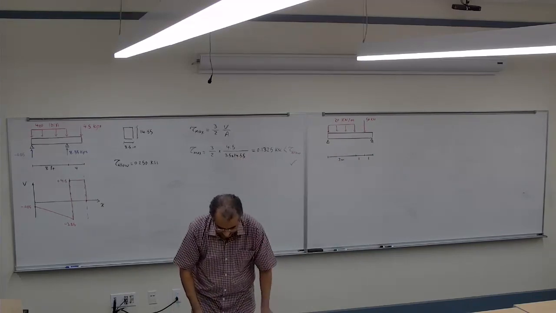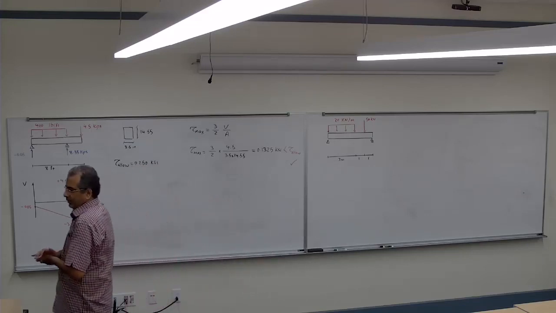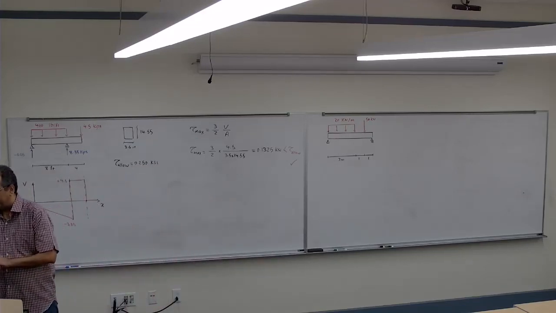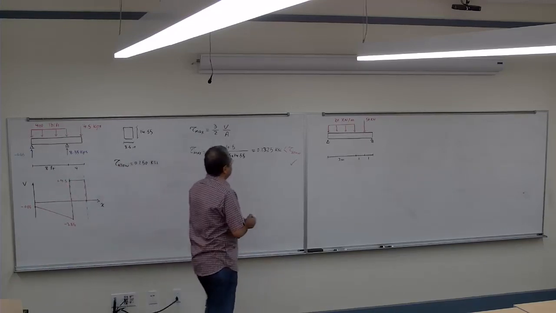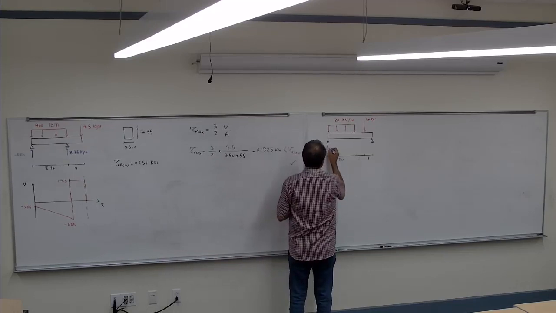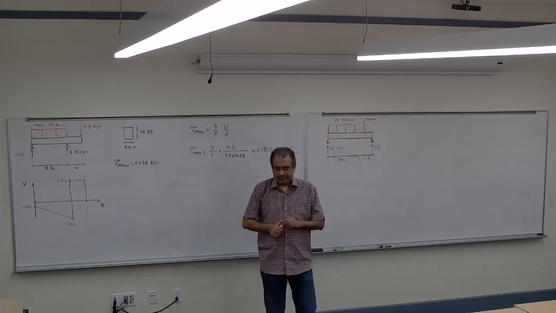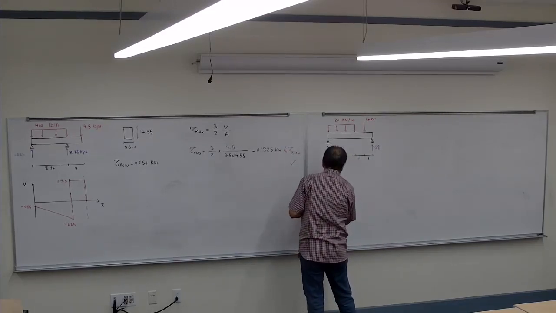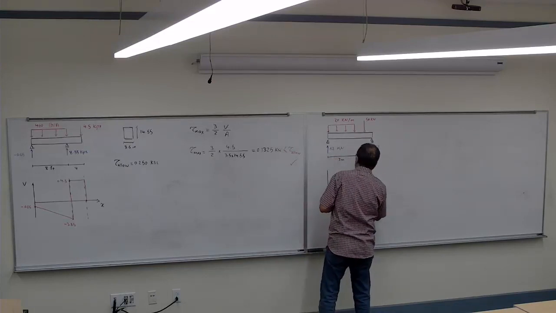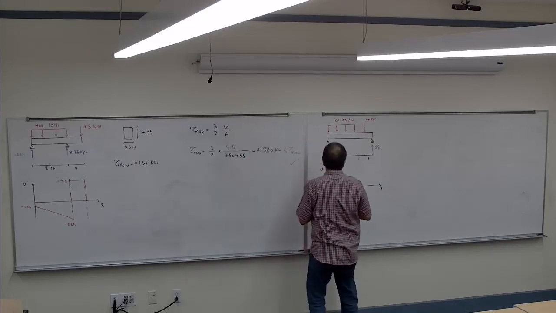And then we have here, it was 52 and 58. And then the shear diagram we saw last time was looking like this.